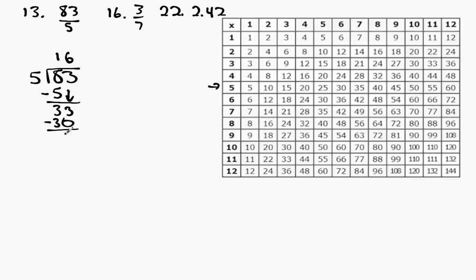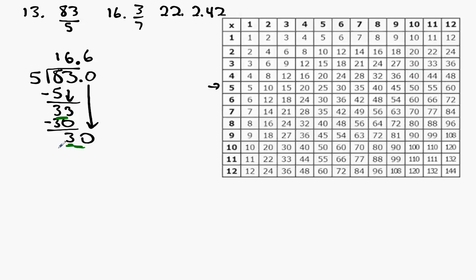So subtract 3. Still have a number left over, so we add a decimal and a 0. So 5 goes into 30 6 times. So it's the same as before. We say, is that repeating? Well, no, because even though it's the same answer, it's not the same number we're working with. This was 33. This was, wait, where did I go? Yeah, 30, right? 30.